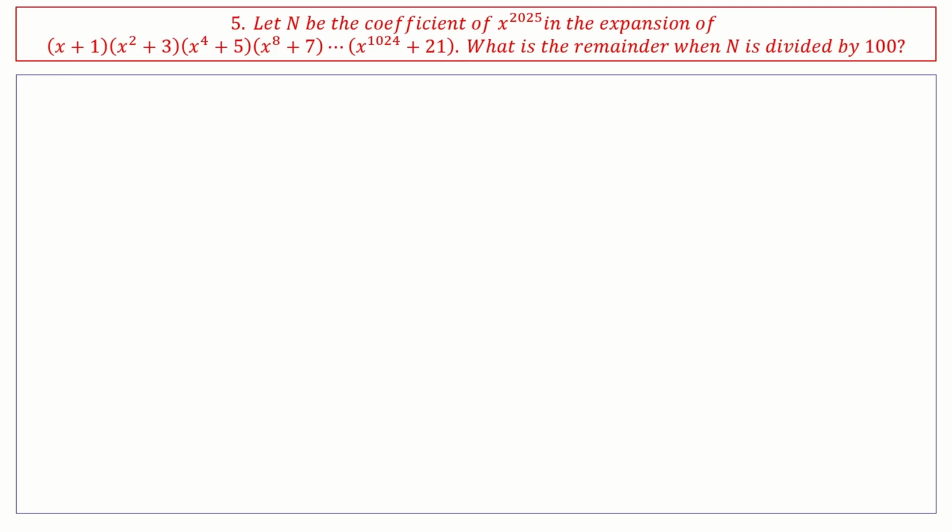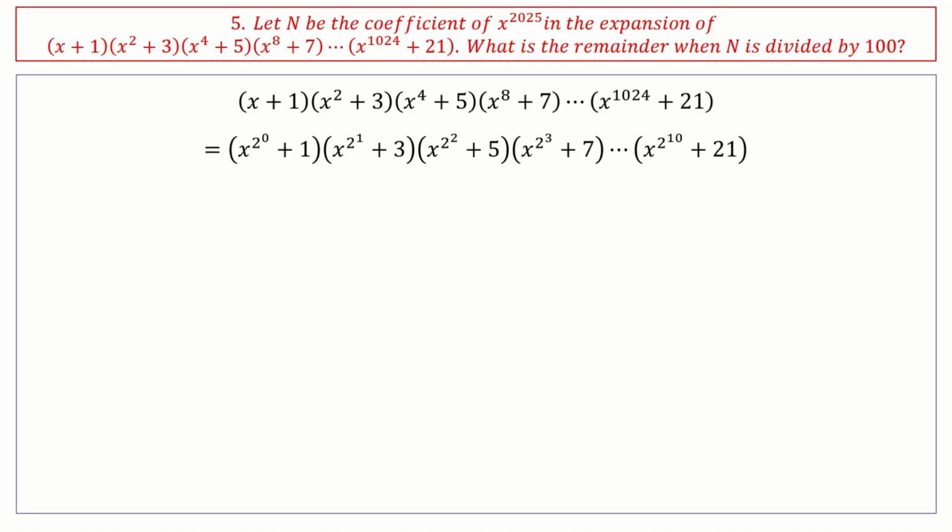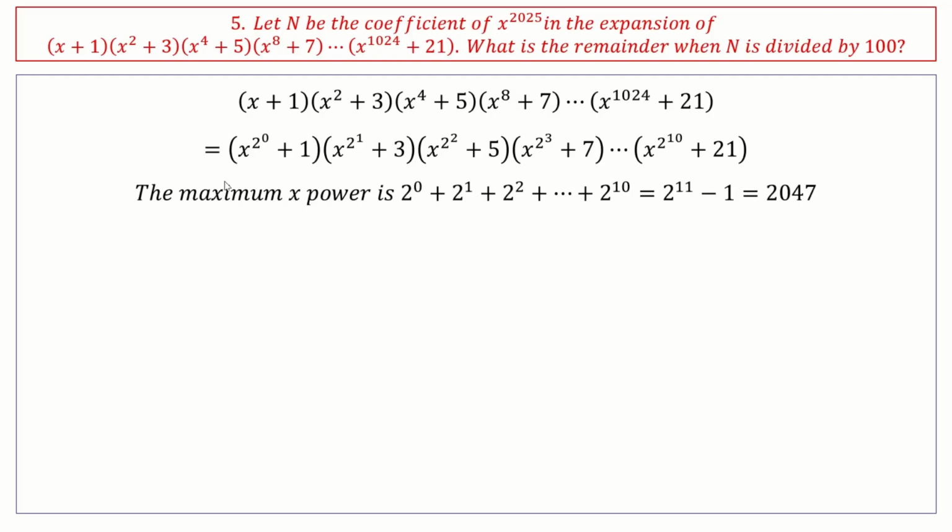What is the maximum power of x I will get if I multiply all this? The powers will be added up, that is 2 to the power of 0 up to 2 to the power of 10, which is equal to 2 to the power of 11 minus 1, that is 2047.